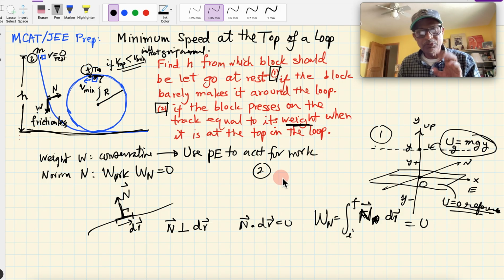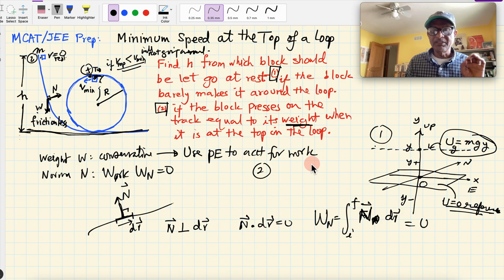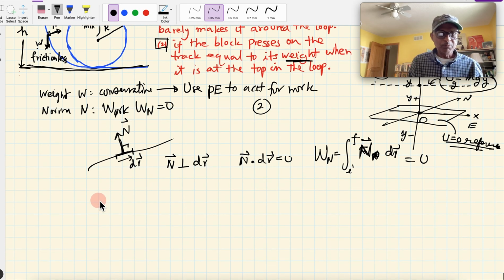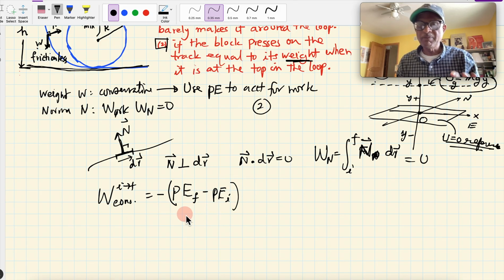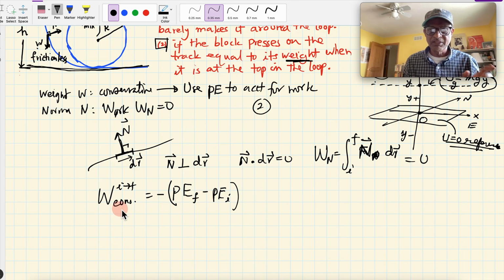We've already explained in a previous video that the work by a conservative force is equal to minus the change in potential energy, from initial to final. So the negative change in potential energy is the work done by a conservative force.